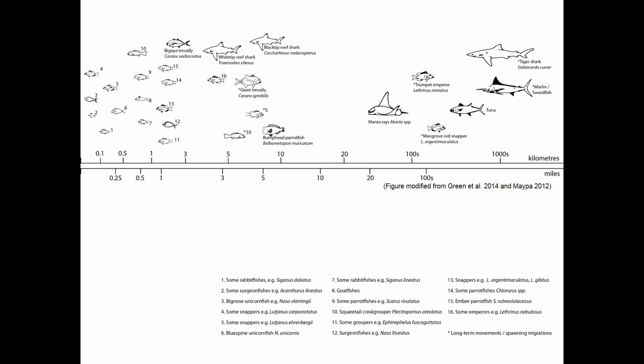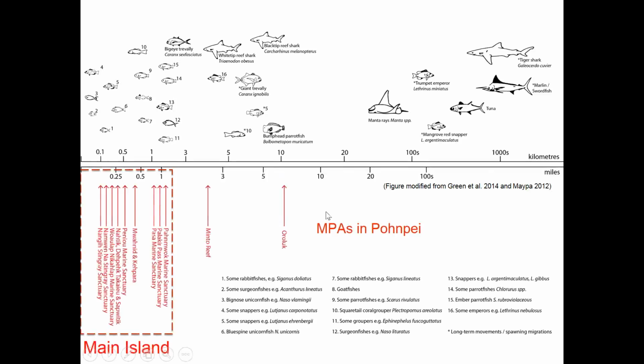So the first thing we did is we took that fish movement figure and we took all the other fish off and we just included the fishery species that occur in Ponape. And then we said, okay, these are the fish that we have, this is how far they move. Let's look at the MPAs that you've already got and see which of these species they will protect.